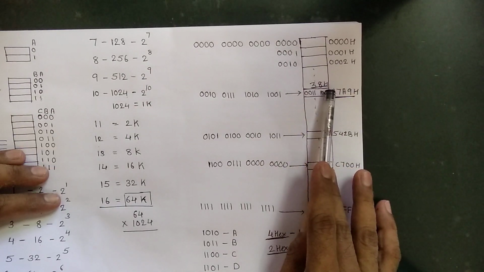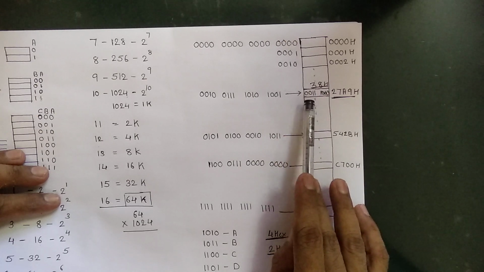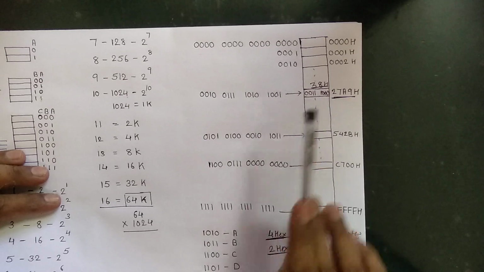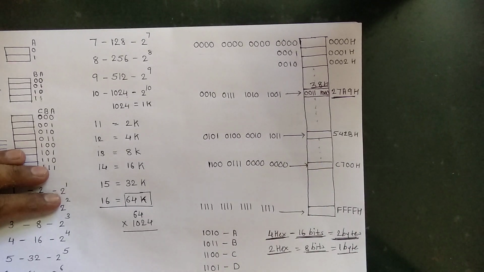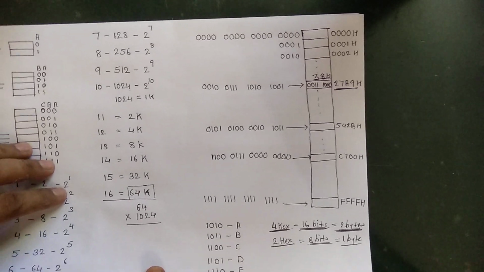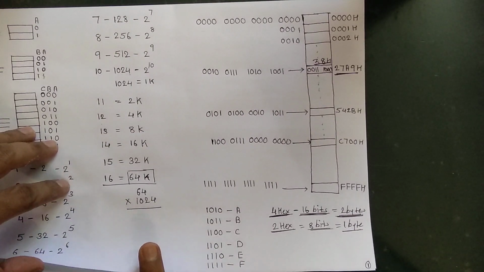Number 38 is equal to 0011 and 1000. The number is displayed in hexadecimal form, but actually the number is stored in binary form. This is all about how the memory is represented using 4 hexadecimal digits, that is equal to 2 bytes.